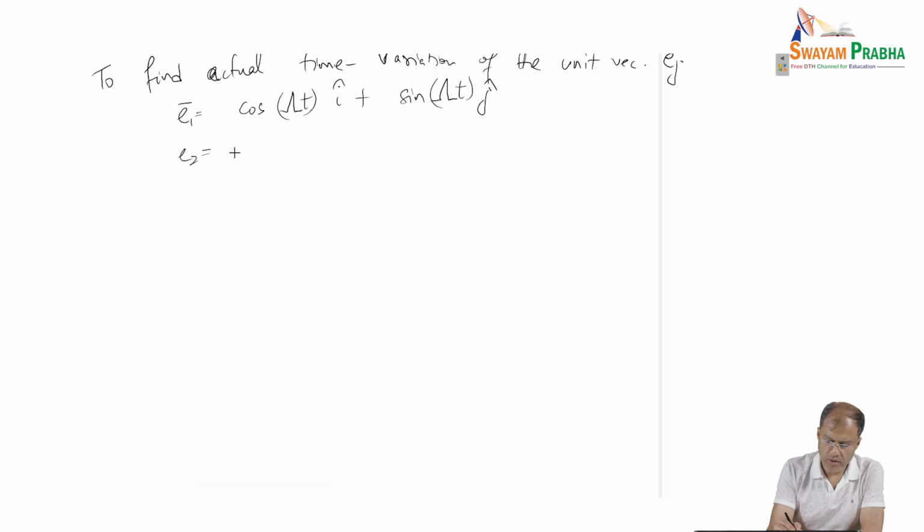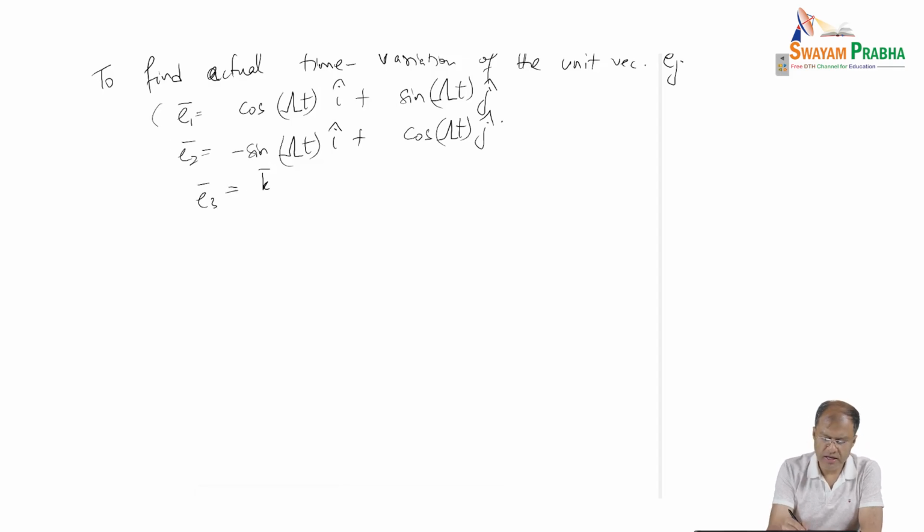And E2 is minus sine of lambda t times i plus cos of lambda t times j, and similarly E3 is k, right? So these are my various body-fitted frames, and from here we can quickly see that E3 dot is omega 2 E1 from the Euler equation minus omega 1 E2.